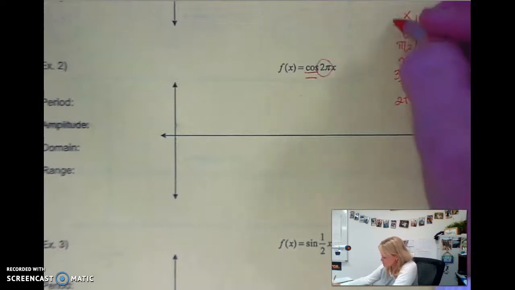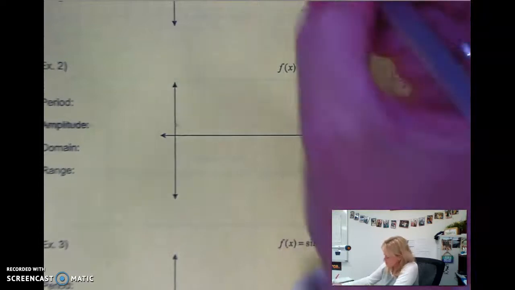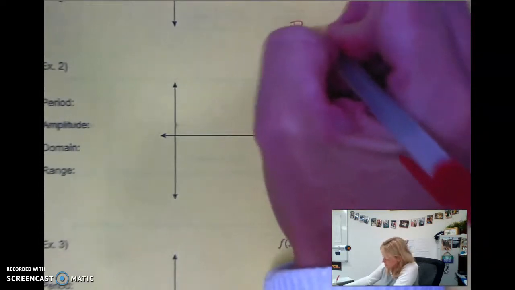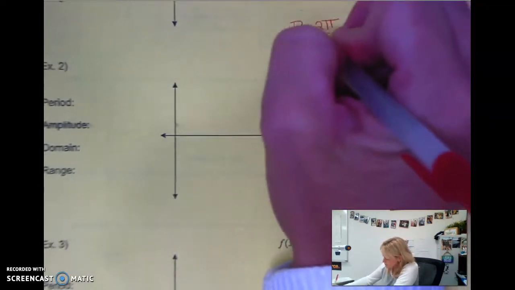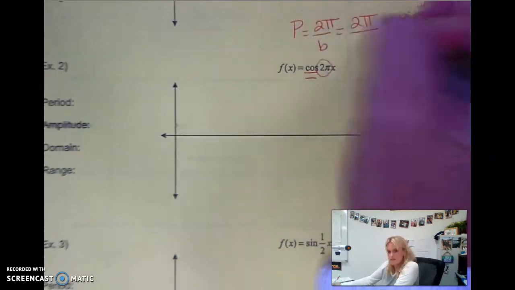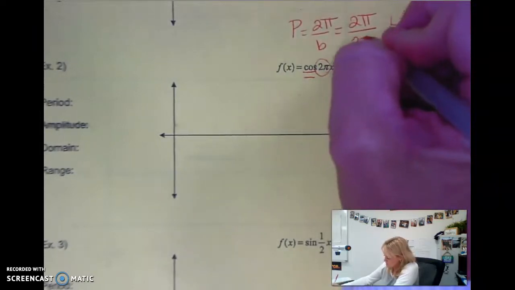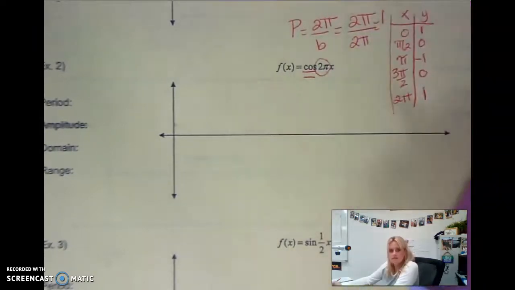So I need to change that by finding the period. Remember we said that period equals 2 pi over b. 2 pi over, well, what is b in this case? It is 2 pi. So what's 2 pi divided by 2 pi? 1.